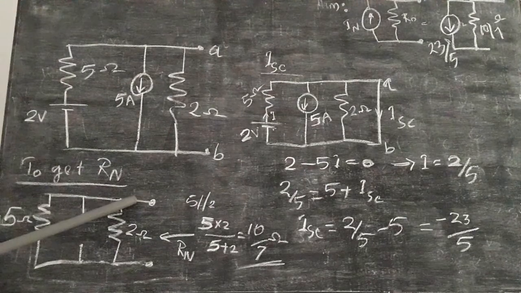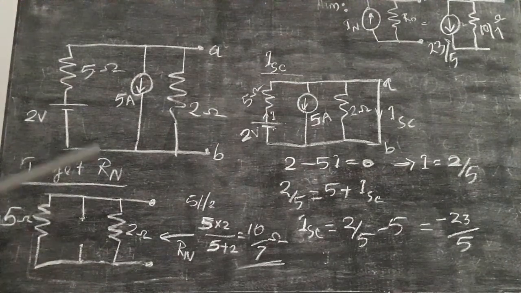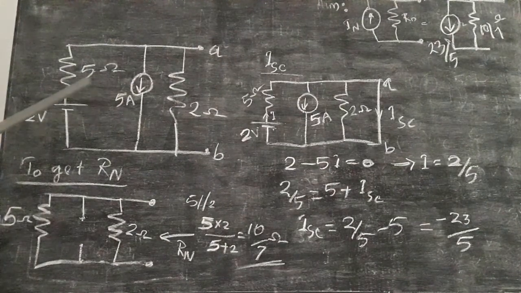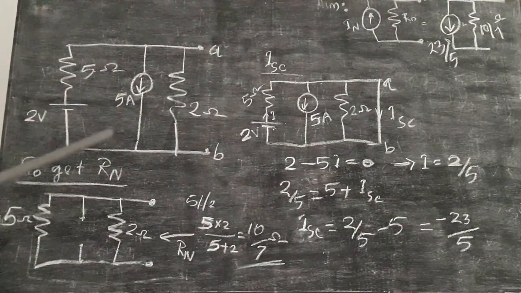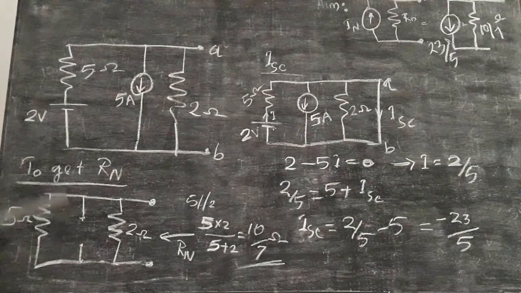Then replace the independent sources by their internal resistances. In this circuit, there is a current source and a voltage source, two independent sources. The current source is replaced by an open circuit. This 2 volt voltage source is replaced by a short circuit.